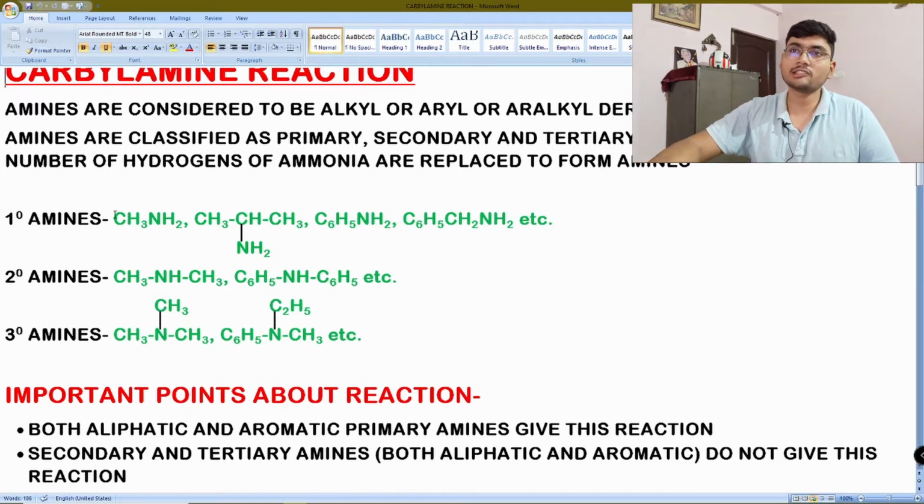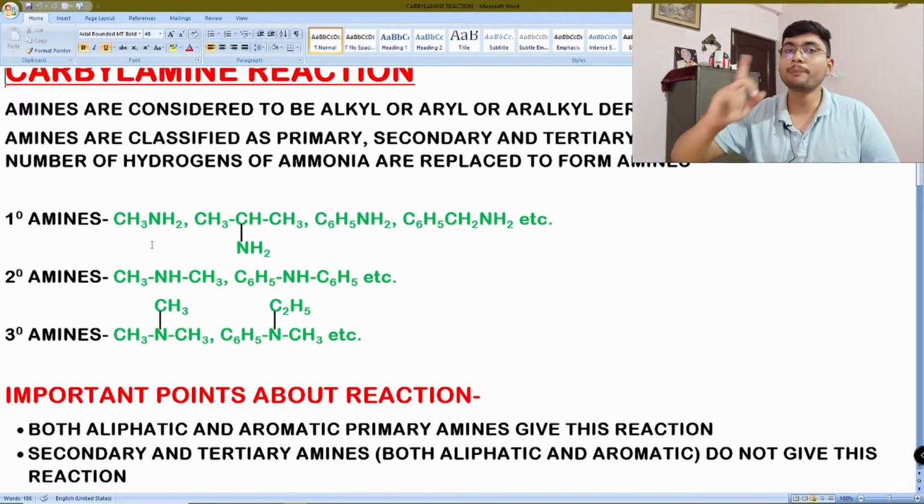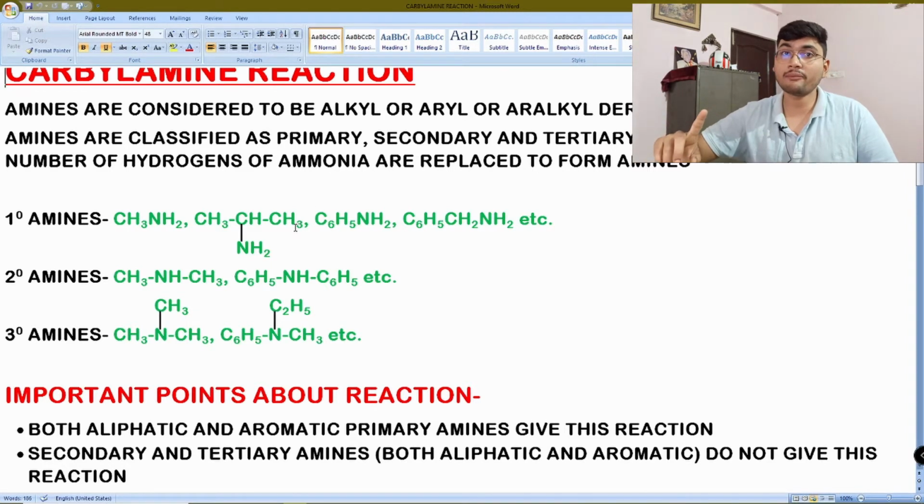CH3 is a methyl group, and only one hydrogen has been replaced, so it is a primary amine. Same case here: only one hydrogen of ammonia has been replaced by the group above, so this is also a primary amine. Same case here also: one hydrogen has been replaced by a phenyl group, so it is also a primary amine. This is how you can determine whether it is a primary amine.